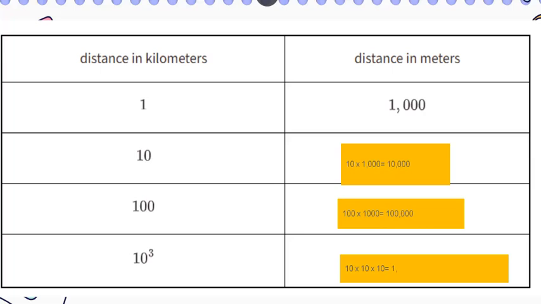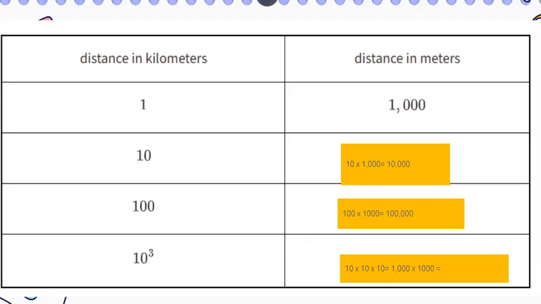Equals 1,000, right? But now that we know that it's 1,000, we have 1,000 times 1,000, because if there's 1,000 kilometers, how many meters are in that 1,000? So times 1,000.